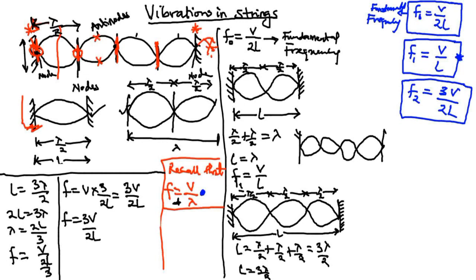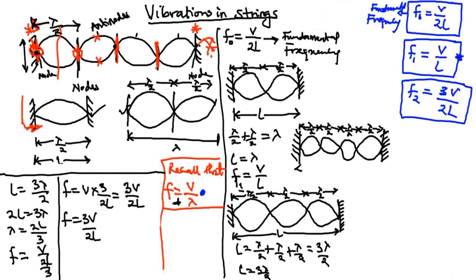Beautiful. Don't mind the way my diagram is looking. So here becomes lambda over 2. Here becomes lambda over 2. Here becomes lambda over 2. Here becomes lambda over 2.